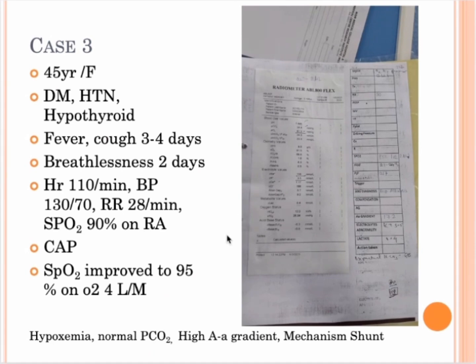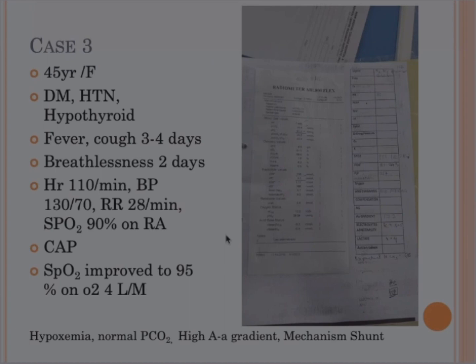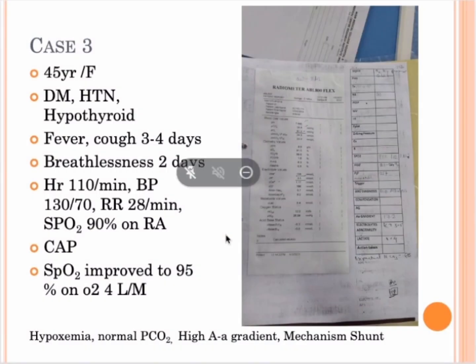So the mechanism in this patient is shunt as a cause of hypoxemia, and this patient has got bilateral shadows on the X-ray, looking like viral pneumonia with ARDS. So the patient has got shunt as a cause of hypoxemia and will require high flow oxygen, NIV or intubation as a treatment.